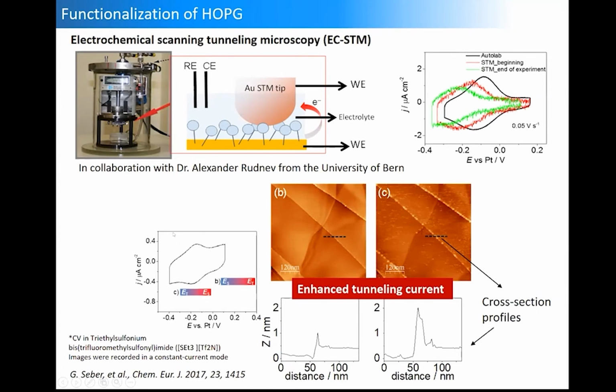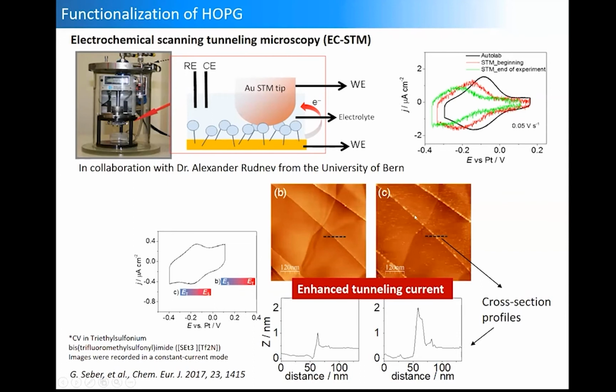This is a scheme of the cyclic voltammetry, and this is the position of the bias that we apply. If we measure on one side of the redox wave or the other, we see a change in the brightness of the STM images. Taking into consideration that these images were recorded in constant current mode, this difference in the cross-section profile shows an increase of the apparent height, this increase in brightness in the STM images.